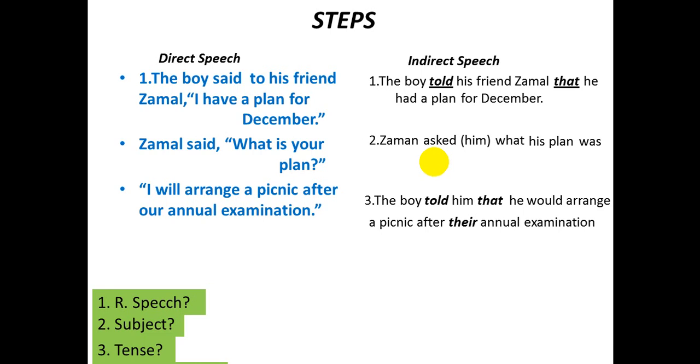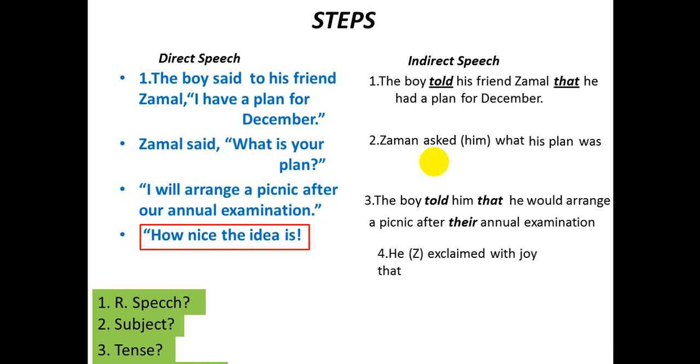Okay, next one: how nice the idea is. The context says that it is told by the friend Jamal. So look at the reported speech. This is an exclamatory sentence, and of course it will be changed accordingly, like this: Jamal exclaimed with joy that.